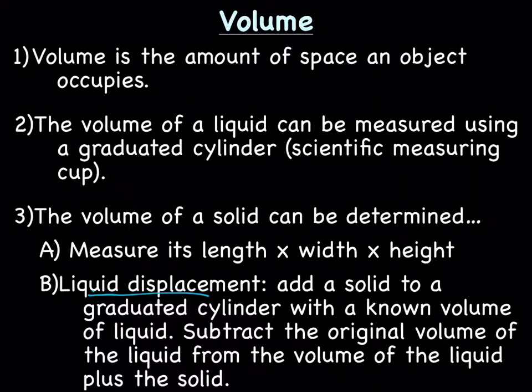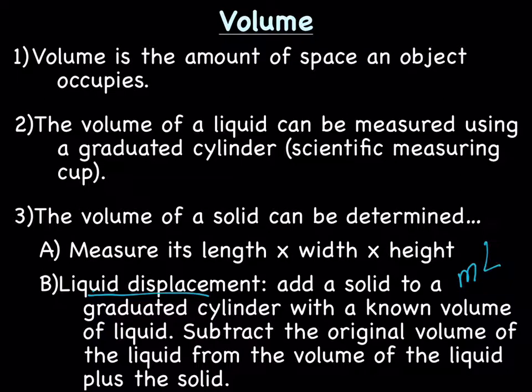So then you're going to subtract the original volume of the liquid alone from the volume of the liquid with the solid in it, and that will give you the volume of the solid. And often the units for this would be, again, milliliters or liters or something. Okay? So that's it for volume.